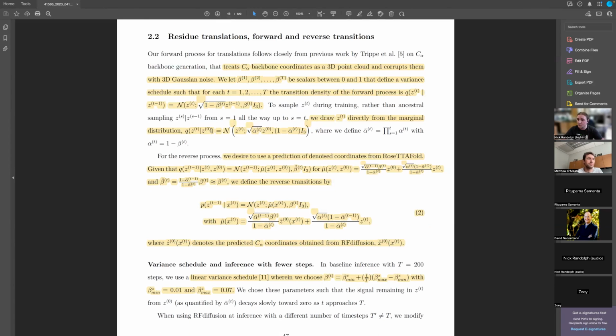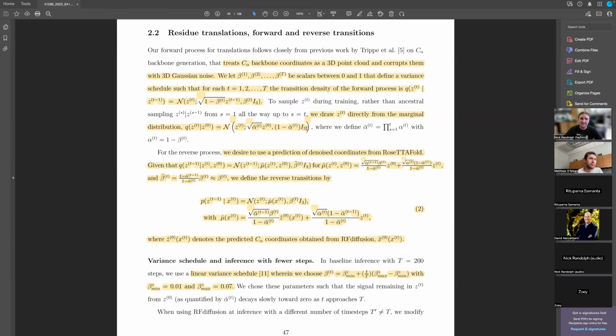Given just the true coordinates for the C alphas, we can sample at any noisy time step we want using this normal distribution, which you can define using these alphas that are related to the variance schedules. This is really nice and especially useful for training, because given a specific backbone that we want to generate, we can sample a noisy version of that backbone at any time step we want.